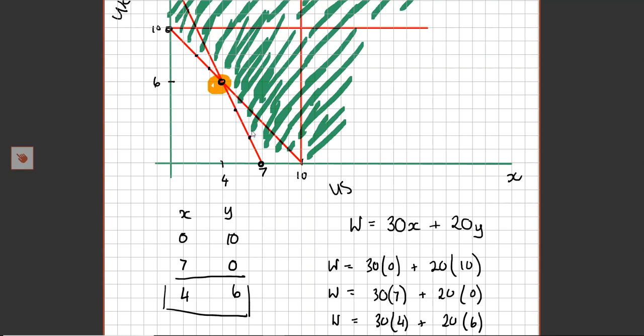Maybe we could check by going one either side and see, does it go up a bit or not? Or is that really the maximum point? I don't want to go anywhere below it that's not on the line, but would it make sense, for instance, to drop 2 UK planes and add 1 US plane?